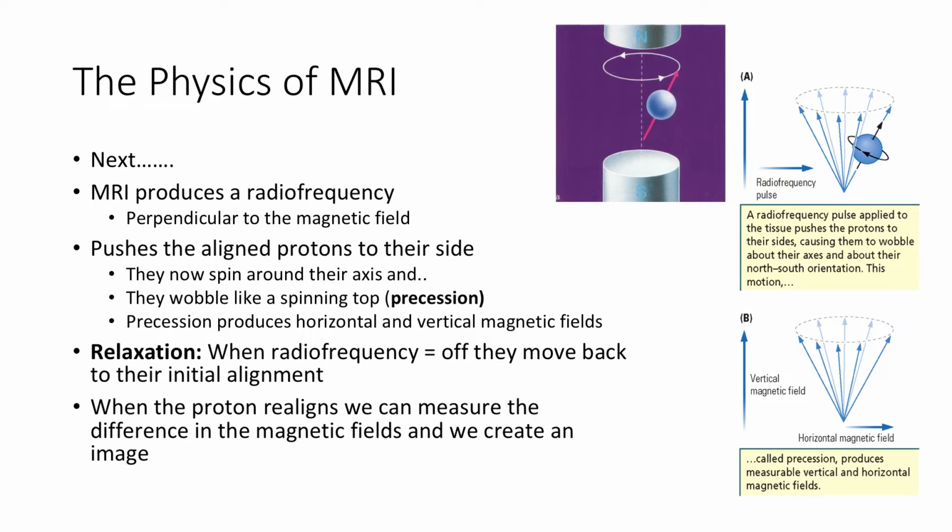This precession movement produces a magnetic field vertically and also horizontally. When this horizontal radio frequency pulse is then turned off, these protons relax and they will move back towards their initial alignment. During this relaxation, we can measure the difference in the magnetic field.